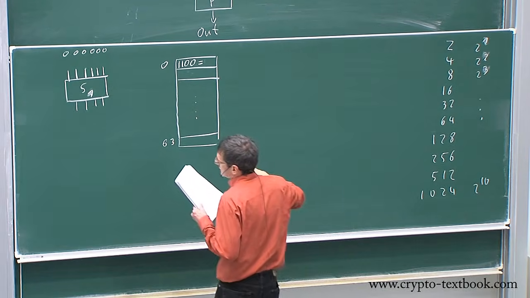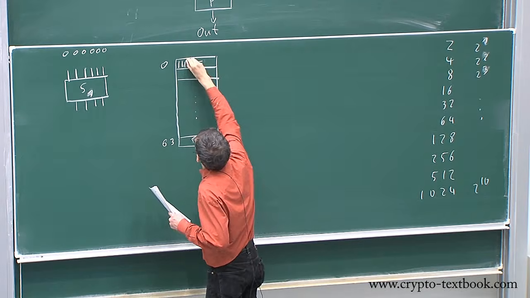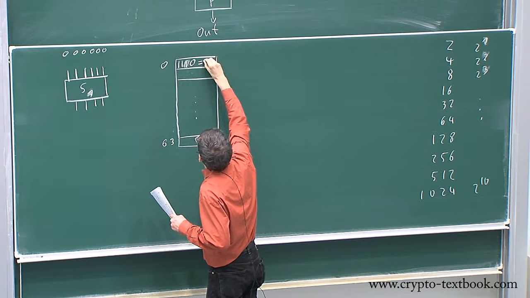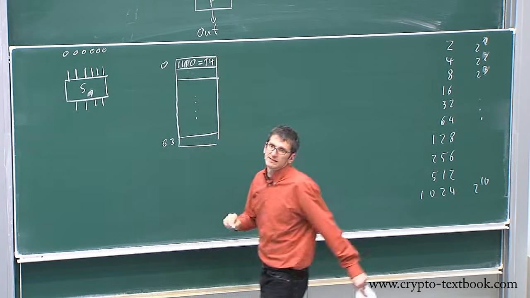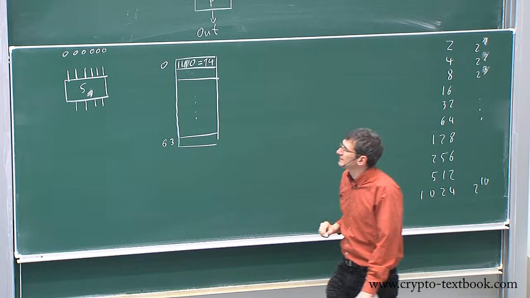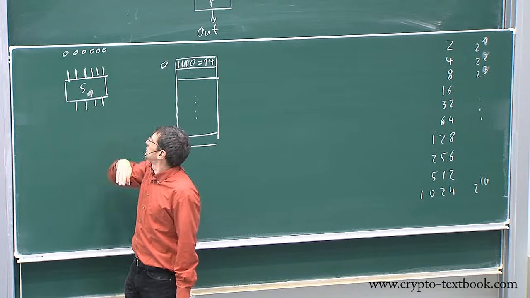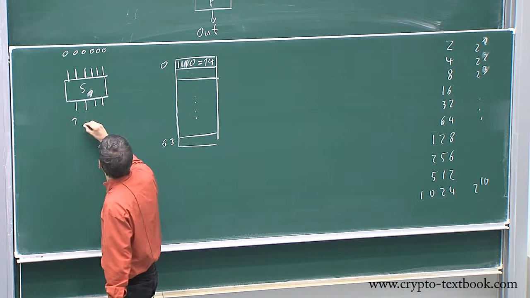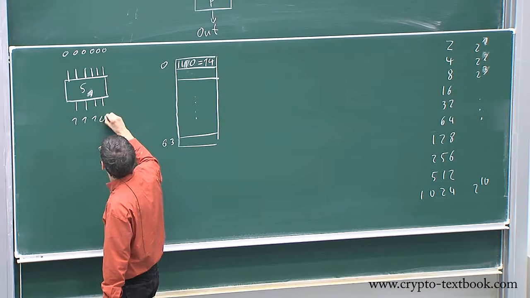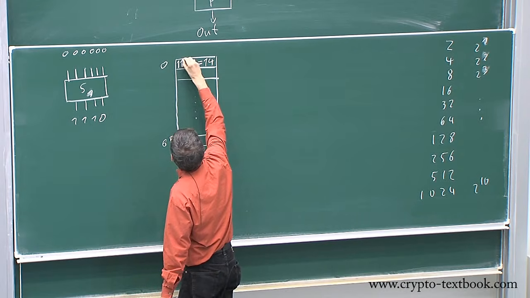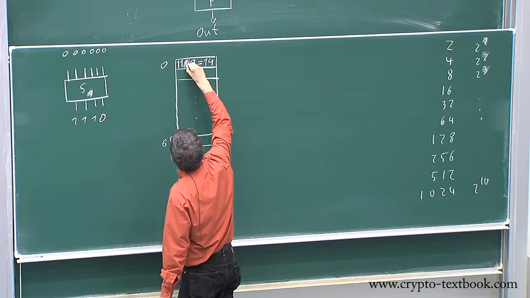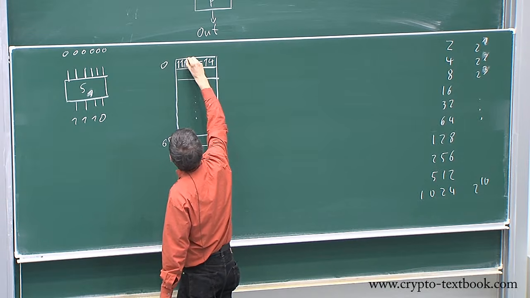It should be 14, so there's a 1 here. It's 14 in decimal. That means if your input is 0, 0, 0, 0, 0, 0, your output is 1, 1, 1, 0. Sometimes I use the English or Dutch ones without the Aufstrich.